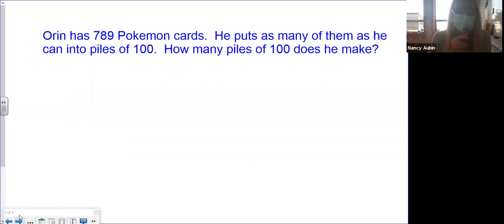Oren, remember Oren? Wow, that's a long time ago. Oren has 789 Pokemon cards. He puts as many of them as he can into piles of 100. How many piles of 100 does he make? You don't even have to tell me how many are left over. How many piles of 100 can he make with 789 Pokemon cards?